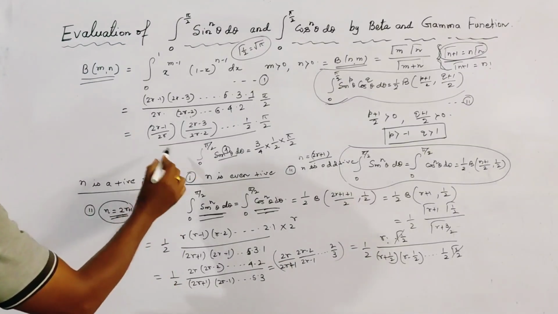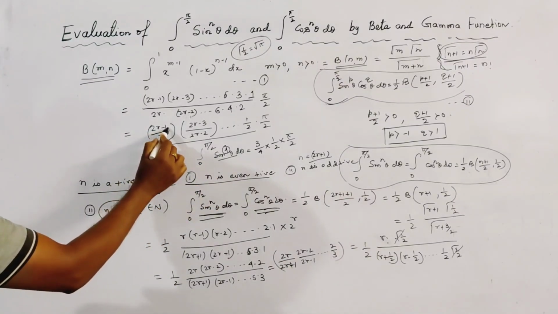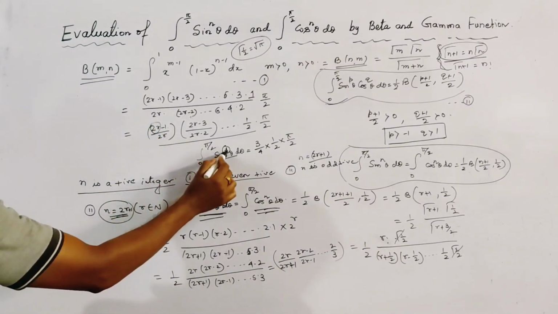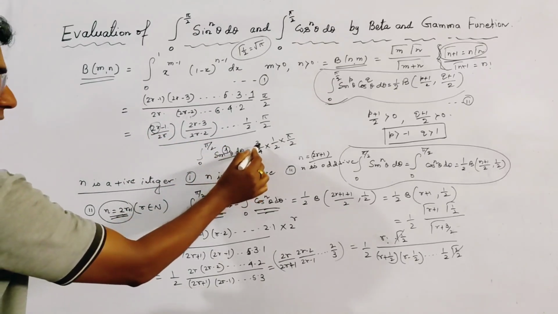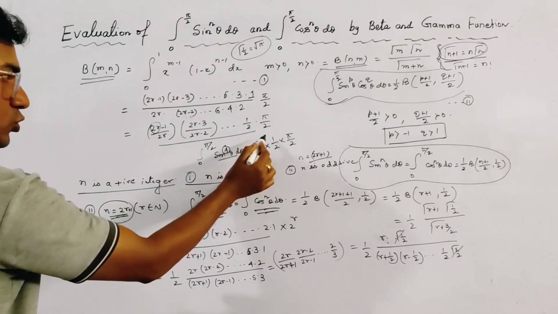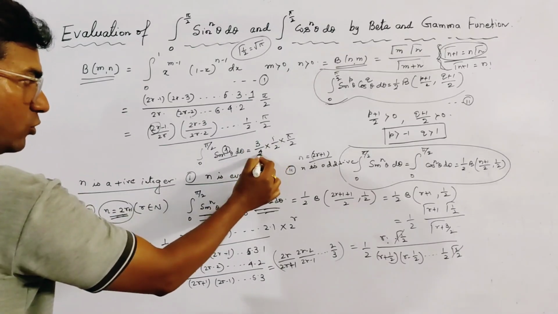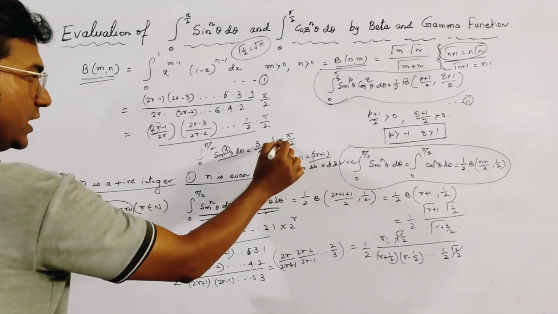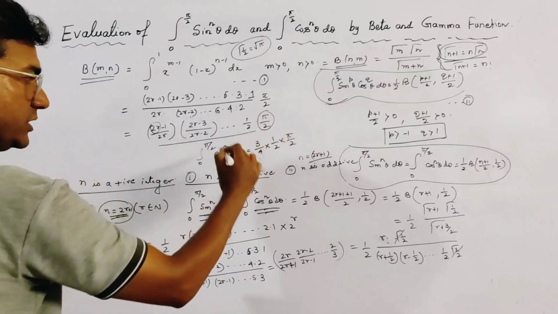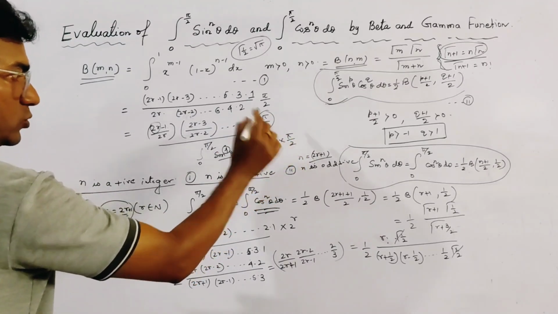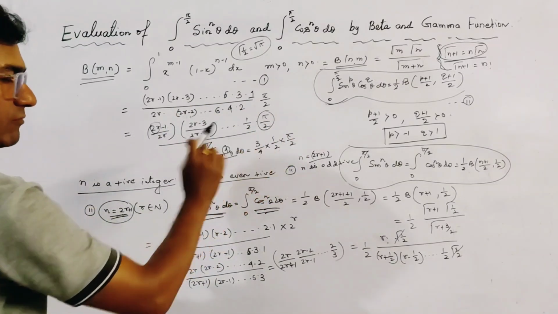Okay, because we start from 2r minus 1. If 2r is 4, then starting from 3 by 4, then we decrease by 2. So we get 3 minus 2, this is 1, and 4 minus 2, this is 2, and the last term is pi by 2, because we get pi by 2 when we arrive at half.